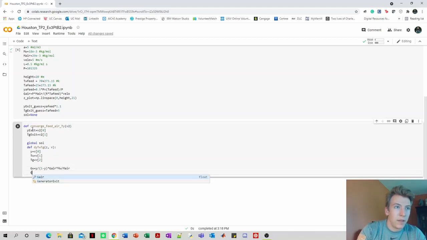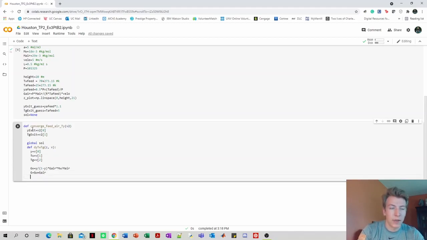Next, we want to define the total gas flow rate, which we know is just going to be GW, the gas flow rate of water, plus the gas flow rate of air.